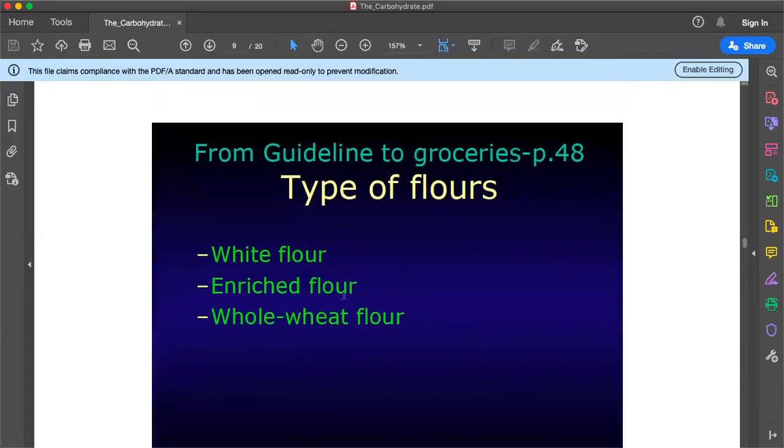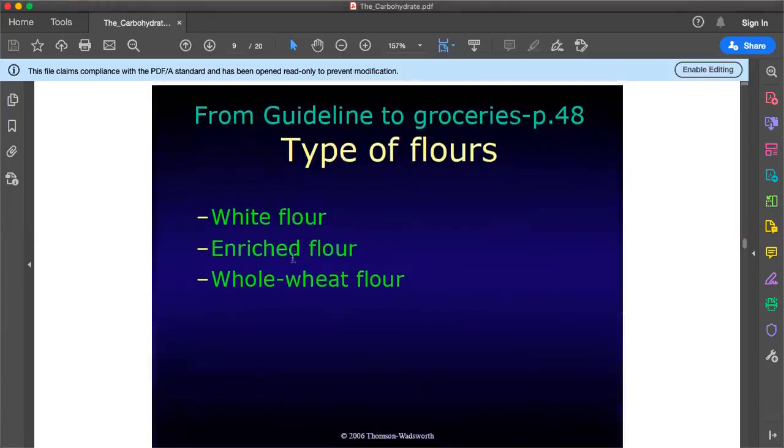So when we're talking about different flours, we have the white flour, the enriched flour, the whole wheat flour, and for a healthy lifestyle, when you are trying to make your food choices, you need to keep in mind that fibers needed, added sugar not needed, whole wheat flour needed, water needed.